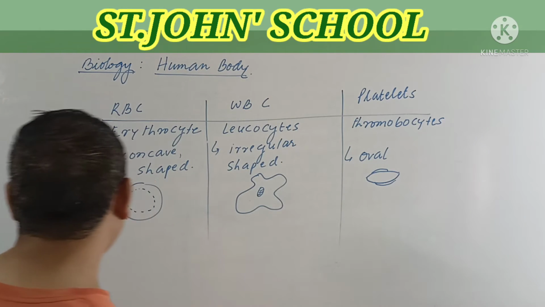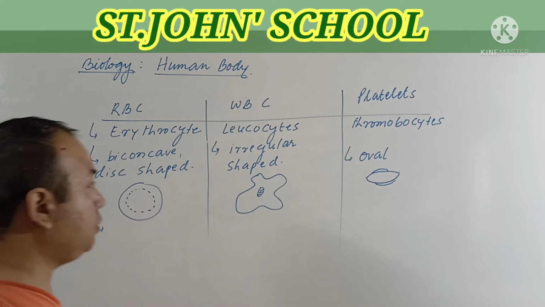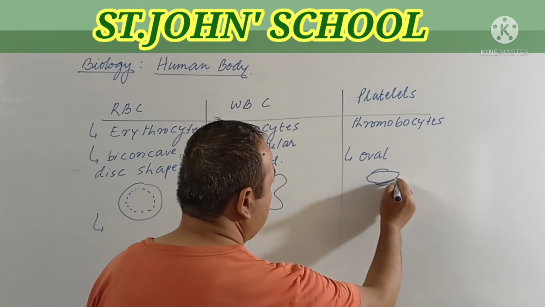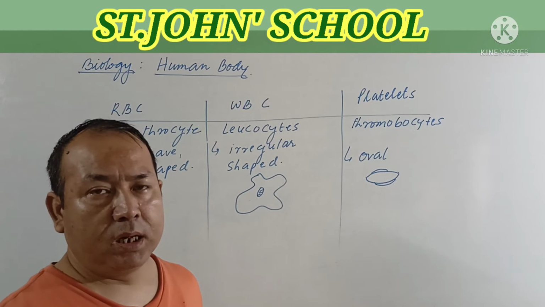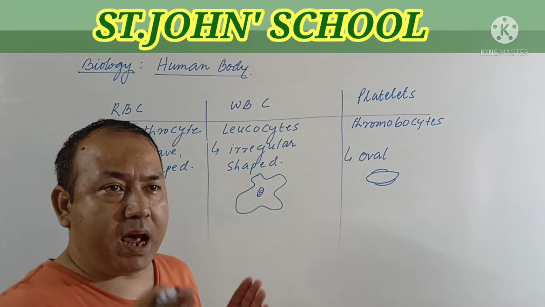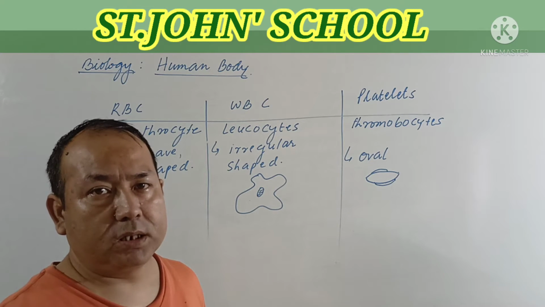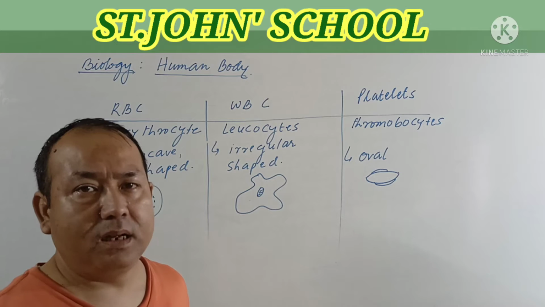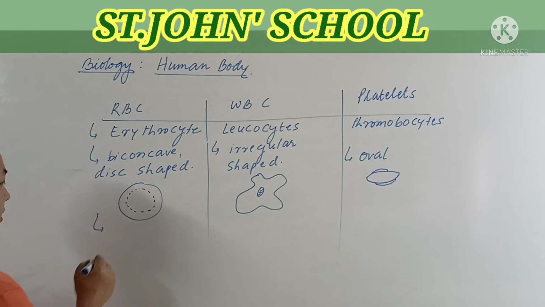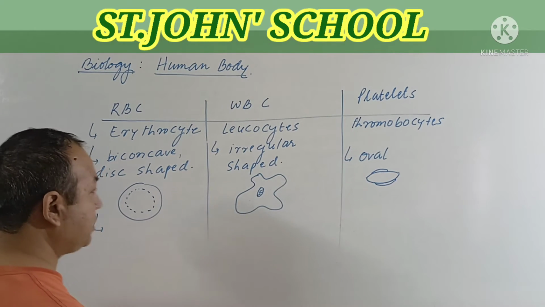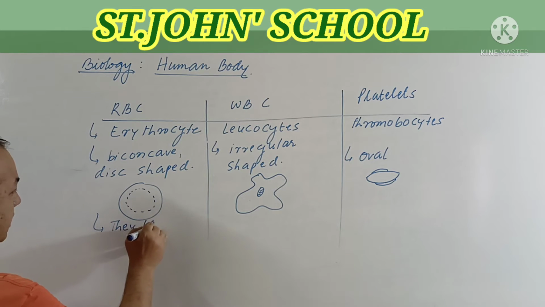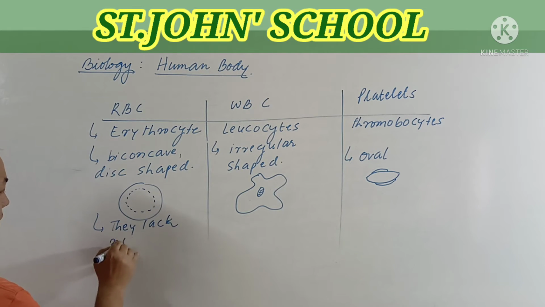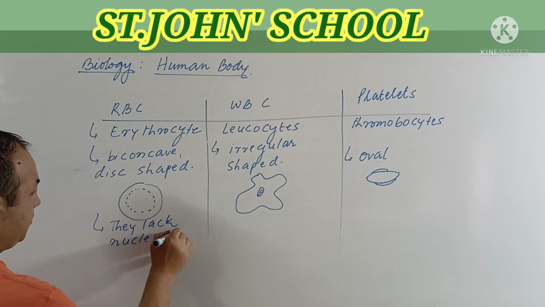Platelets. Now next, we can also compare RBC and WBC in terms of the presence and absence of the nucleus. When RBCs are young, they possess a nucleus, but as they become mature, they lack a nucleus. So you can write that RBC lack nucleus at maturity.